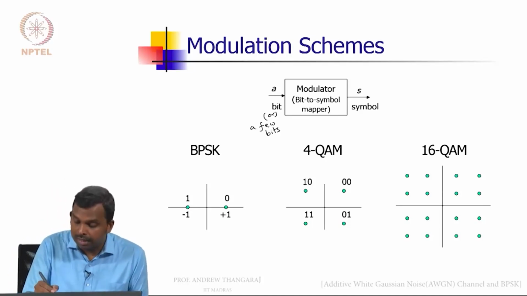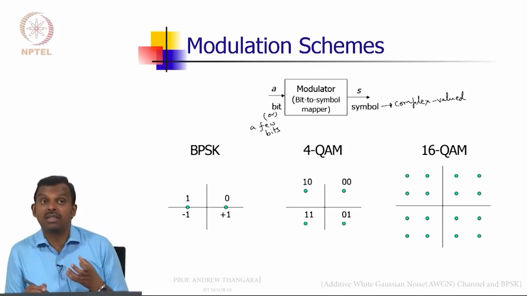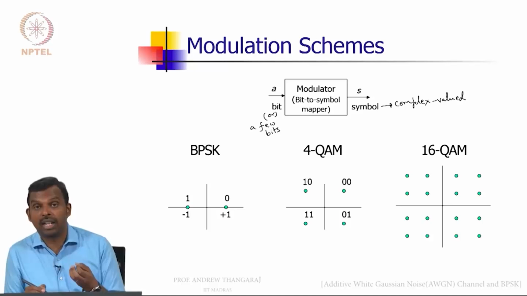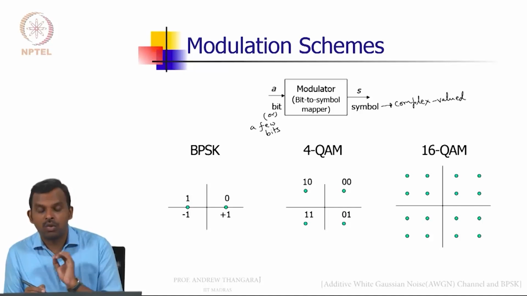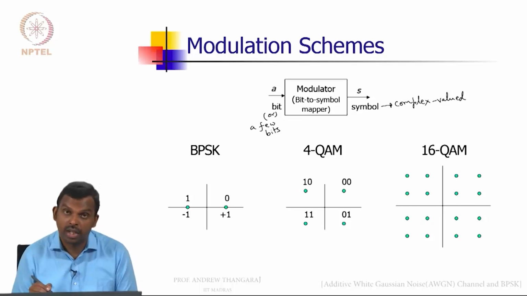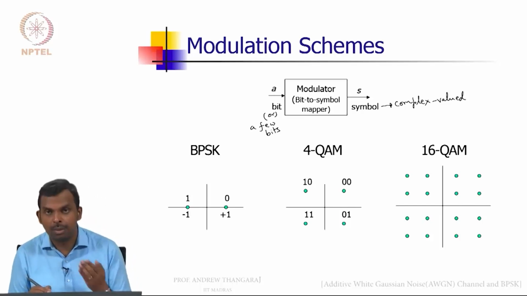Now, the symbol typically can be complex valued. Okay. So, how do complex values convert to an actual transmitted signal S(t) which is real? That is again theory that we will not see, but one can assume that the symbol is complex valued. This is the idea of QAM, quadrature amplitude modulation, which maybe you are familiar with.